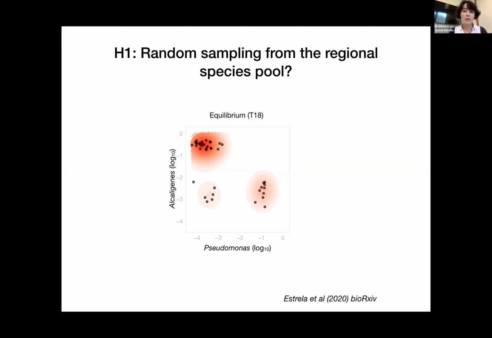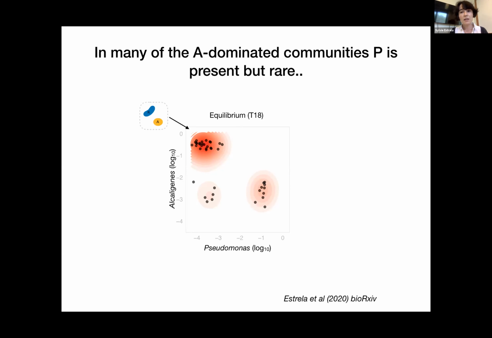But when we plotted the abundance of Pseudomonas against the abundance of Acinetobacter at transfer 18, where each dot represents a different community, what we find is that in many of the A-dominated communities, P is still there, but it is rare, at less than 1%.